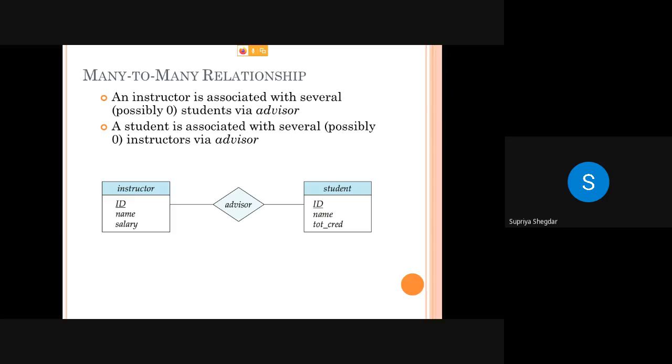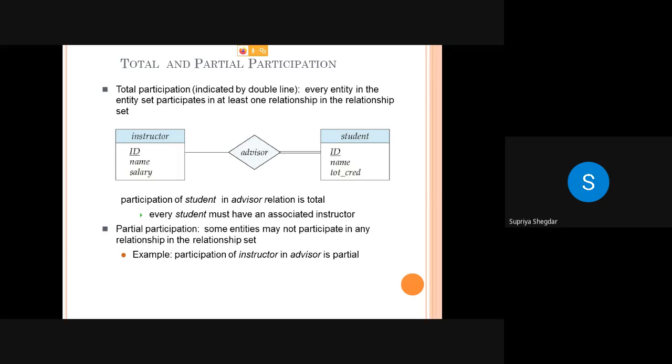If the one-to-many relationship is there, the directed line is attached to the one entity set and the undirected line is attached to the many side of the entity set. And if the many-to-many relationship is there, we directly add the undirected line between the two entity sets. Then the next one is the total and partial participation.